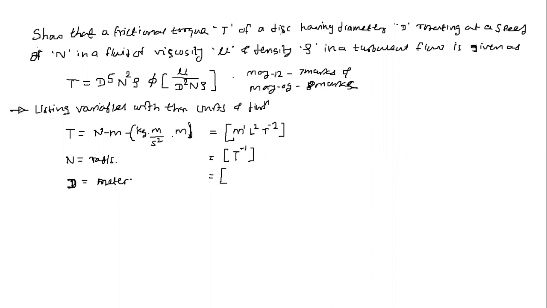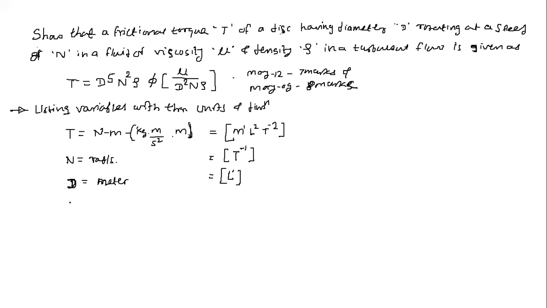Dimension M stands for the mass, kg. Dimension L stands for length, which has the unit meter, and dimension T stands for the second. So here we have the meter, meaning this is a length, so we'll write L raised to 1. D is over. Then what else remains?